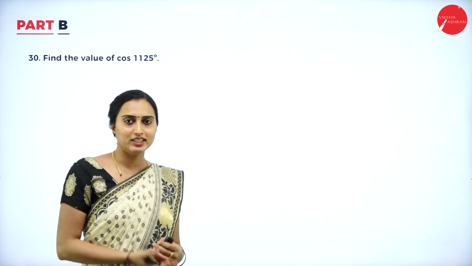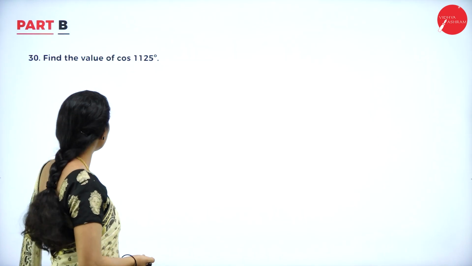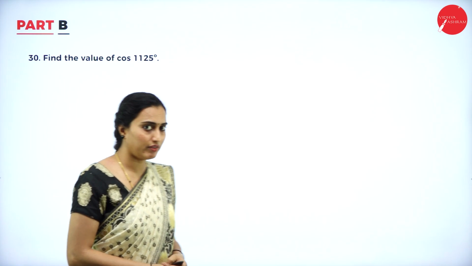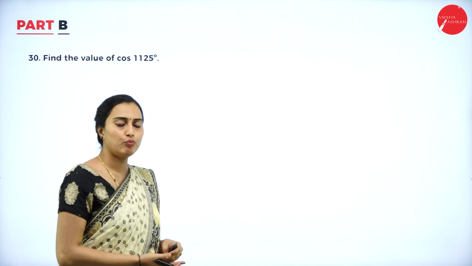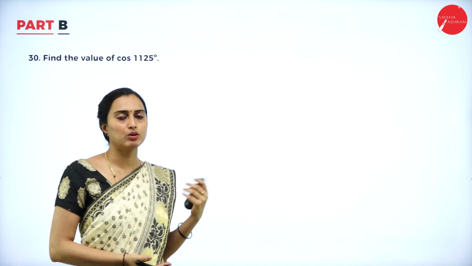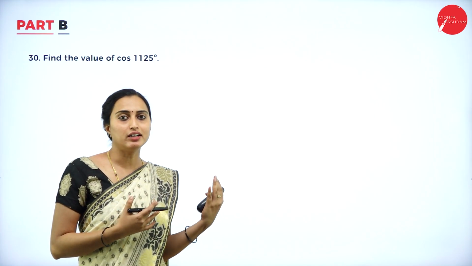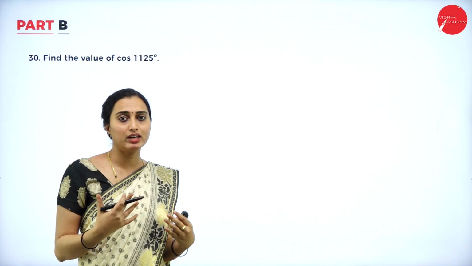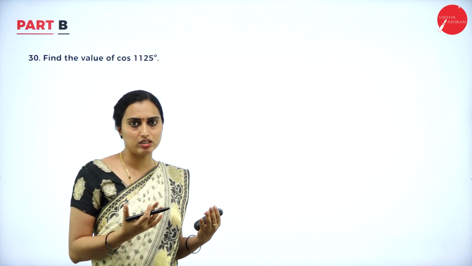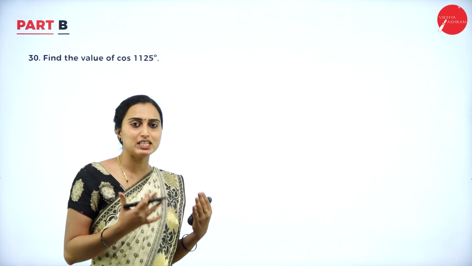Okay, dears. Now we'll be moving on to the next question, which is question number 30. What they've asked: find the value of cos 1125 degree. Now here, this is from the standard angles and allied angles. 1125 degree is greater than what? 360 degree. Therefore, n into 360 plus theta we can take it.